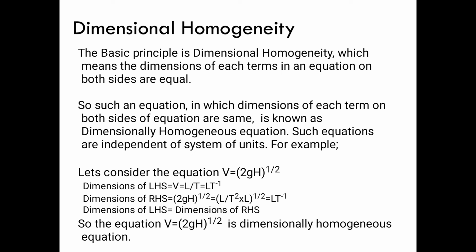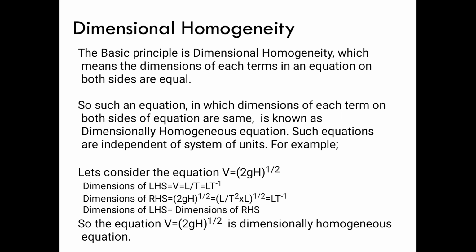Let us consider the equation V is equal to root of 2gh. First consider the dimensions of the LHS part, that is V, for velocity, that is L by T or LT power minus 1.